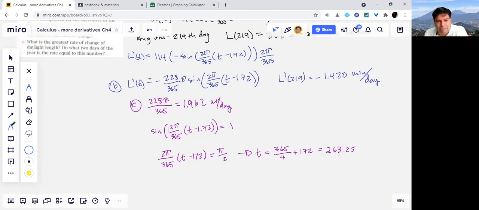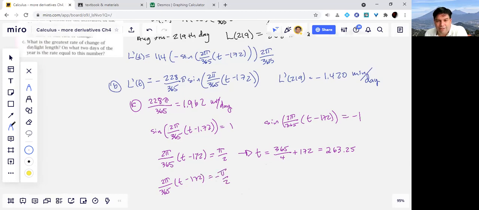And the sine is at its minimum when it's equal to negative 1. So 2 pi over 365 t minus 172 is equal to negative 1 for the sine. If we apply inverses, we're going to get something very similar here: 2 pi over 365 t minus 172 is equal to negative pi halves.